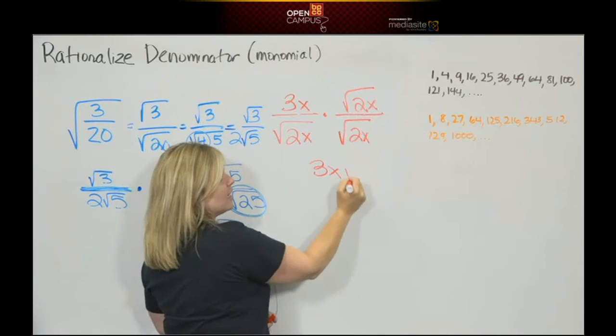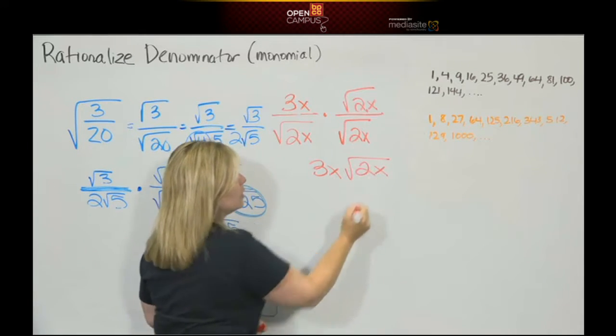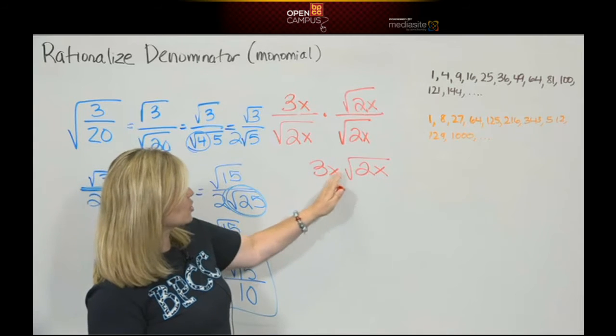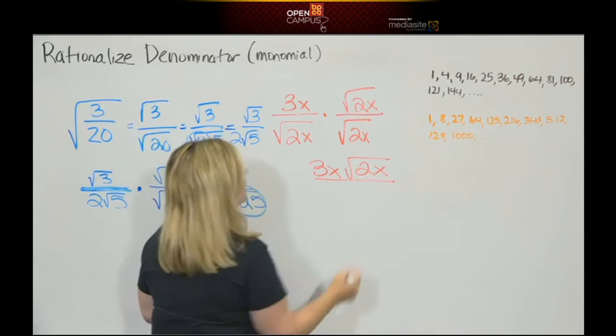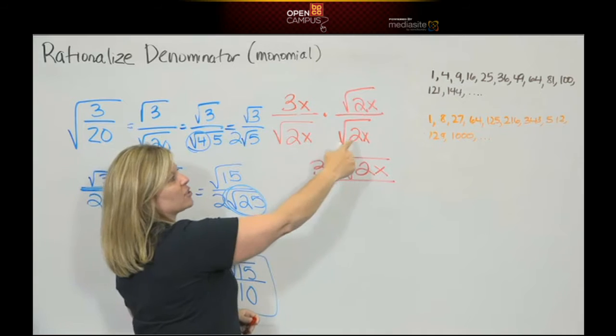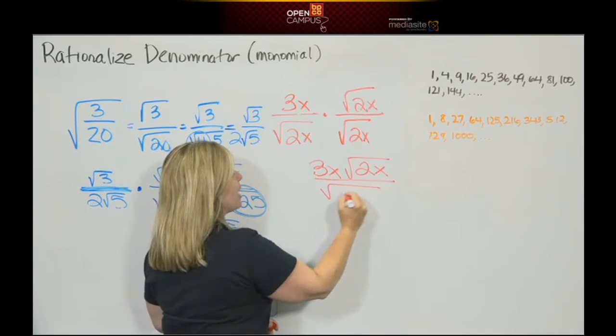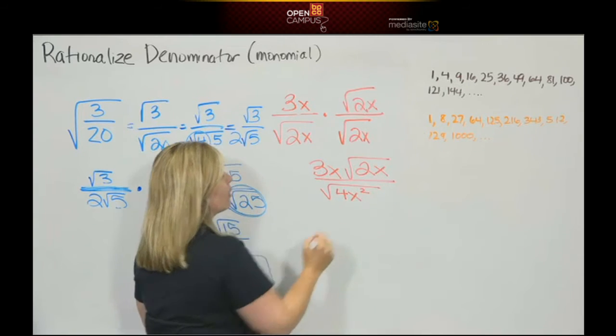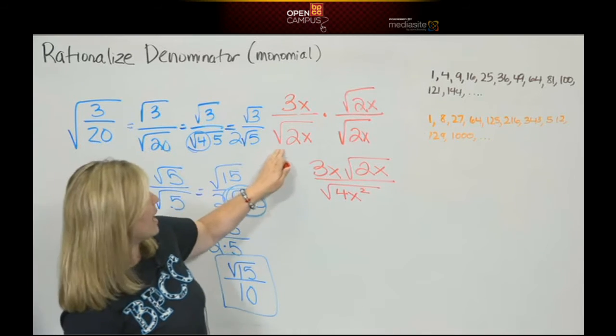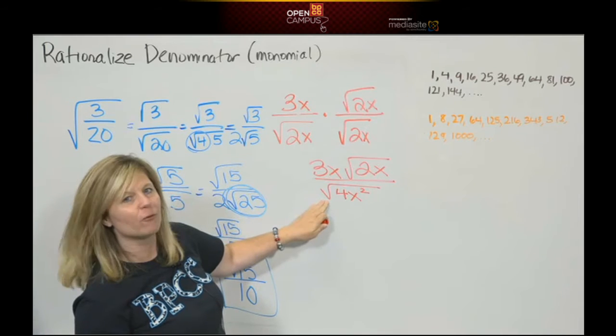The 2x is on the inside, it stays on the inside. So that's how you write it. 3x square root 2x. In the denominator, square root of 2x times square root of 2x. They're both the radicands. So we can multiply them together and we get 4x squared. So the square root of 2x times the square root of 2x is the square root of 4x squared.